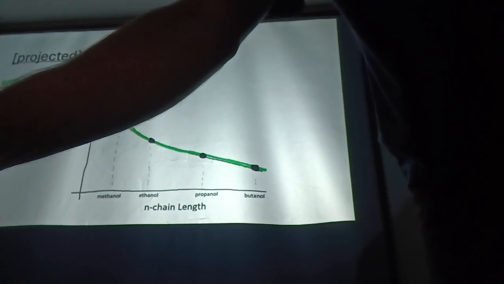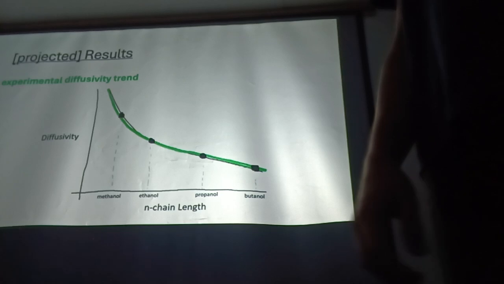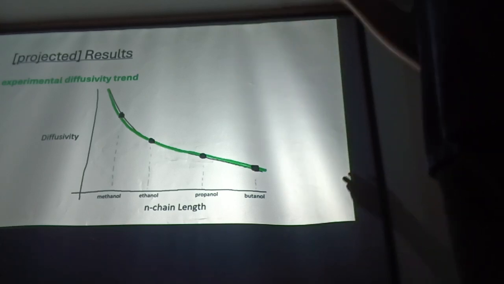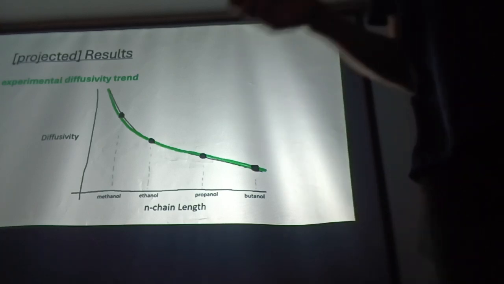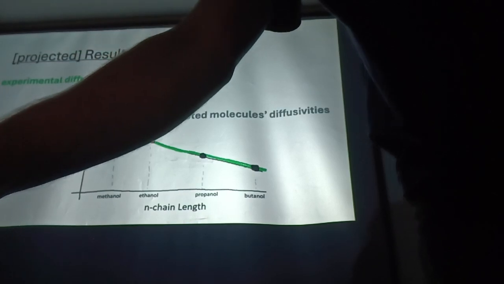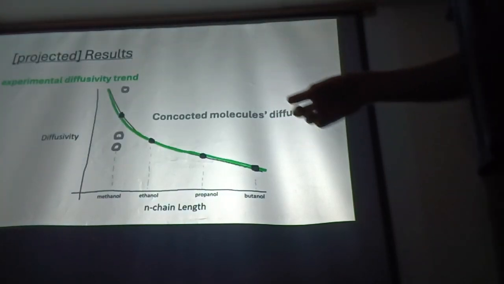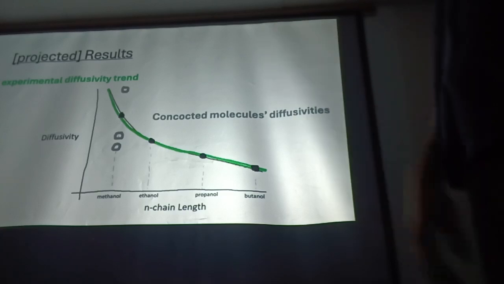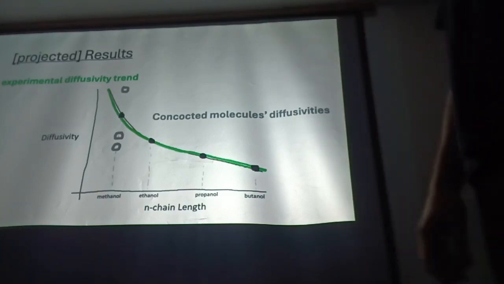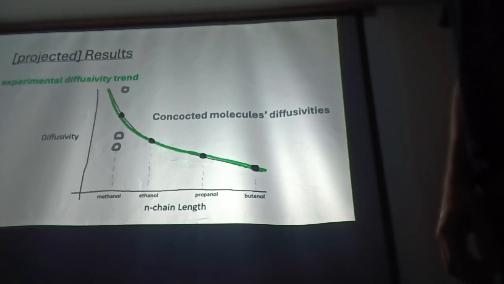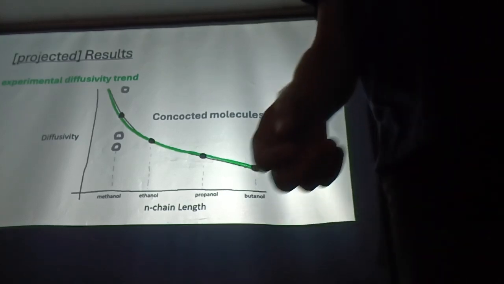So that's the general trend. And onto this plot, we can ideally plot our diffusion for each of those 130 successfully optimized systems. And there would be 130 dots in the methanol effectively, and we would be interested in ones that best replicated the diffusivity as well for methanol.